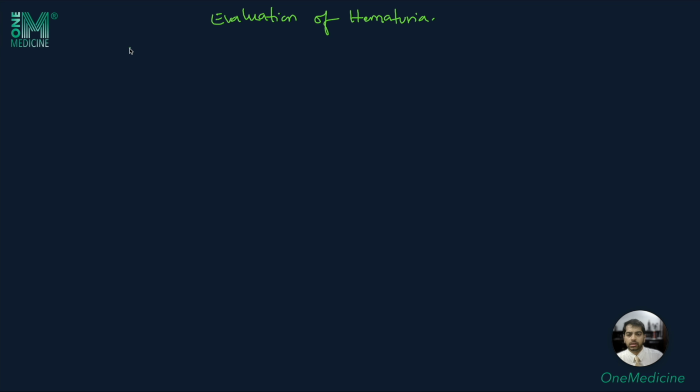The first test to be done is to see if there is proteinuria of more than 500 milligrams per day, and associated dysmorphic RBCs.